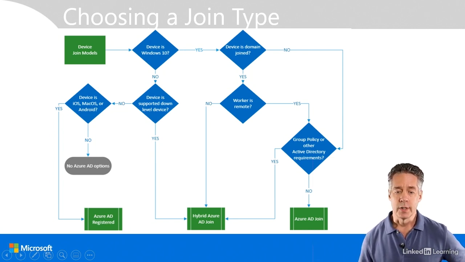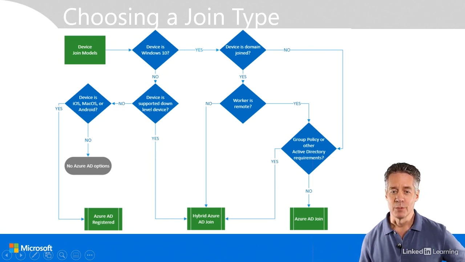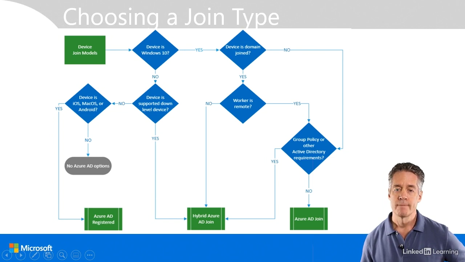So in order to get to hybrid Azure AD join, perhaps it's a down-level device. So it's Windows, but it's not Windows 10. You can also get there if it is Windows 10, but it's domain joined, and the worker is not remote, then you could still end up with hybrid Azure AD join.